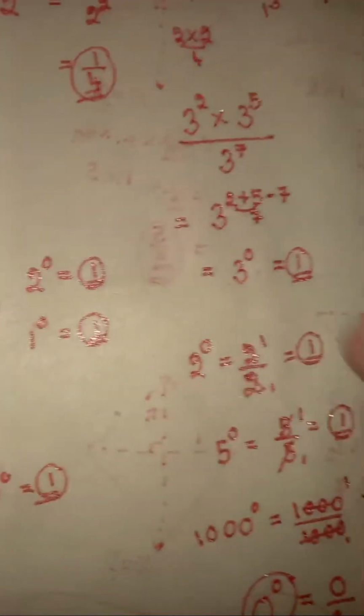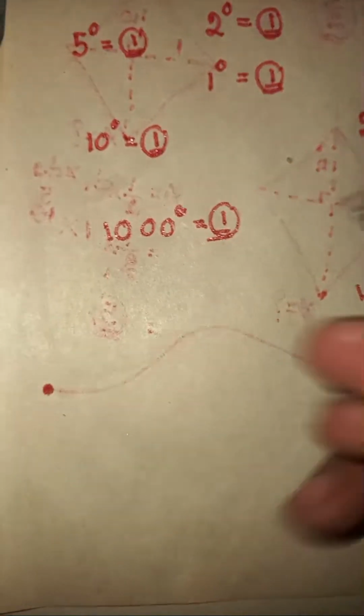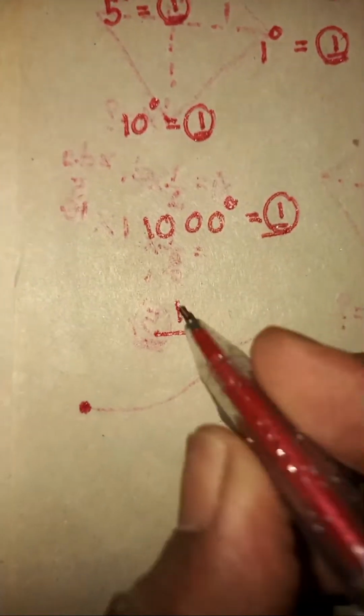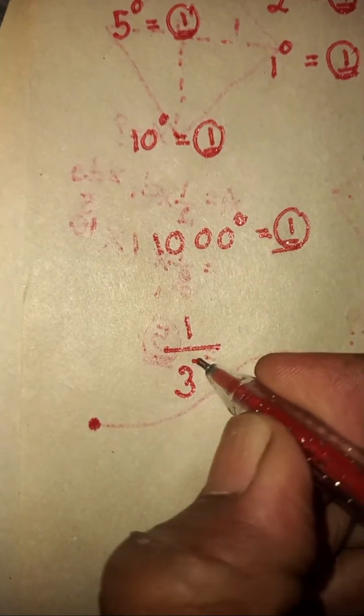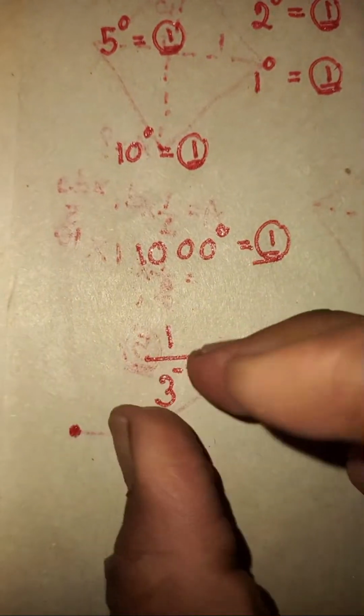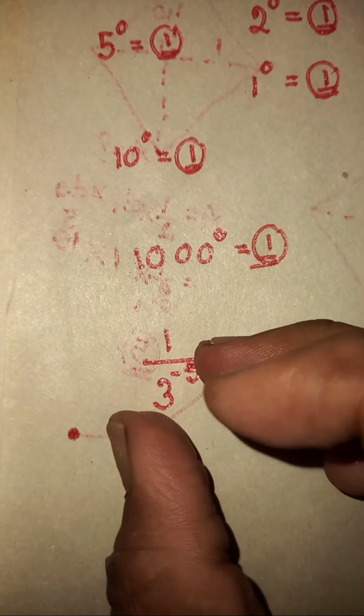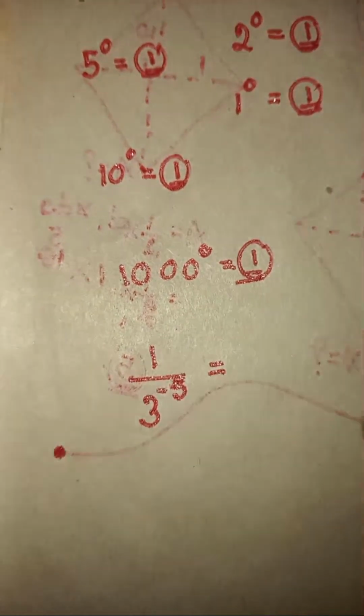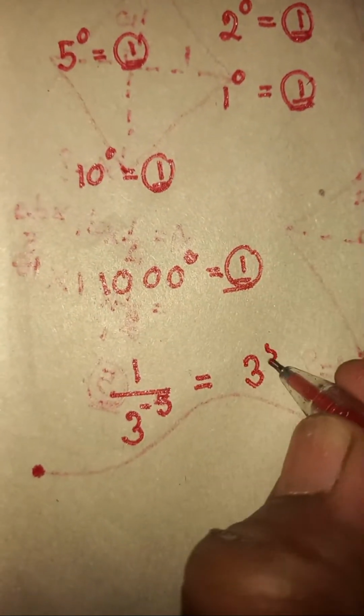Now I will tell one more problem, a more confusing one. If they have given a fraction like this and below they have given a negative power, that is 1 by 3 power of minus 5, this negative power which is lying below, when it comes above, it becomes positive. That is 3 power of 5.